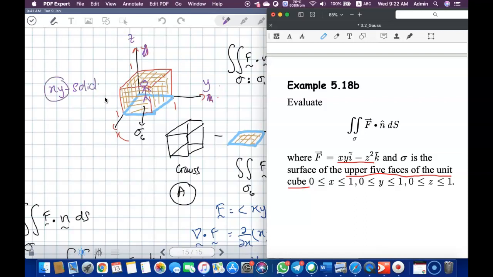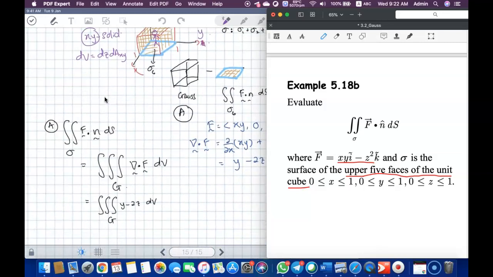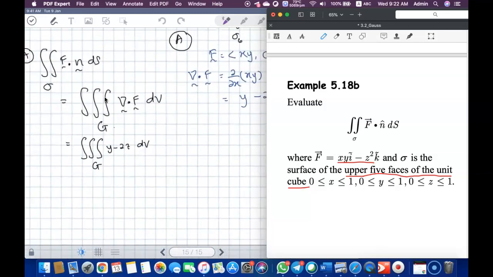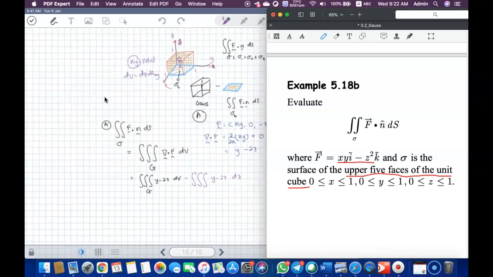So your dV is dz dA over dxy or dy dx. So then what I can do here is y minus 2z dz, and then, okay, now look at your region.